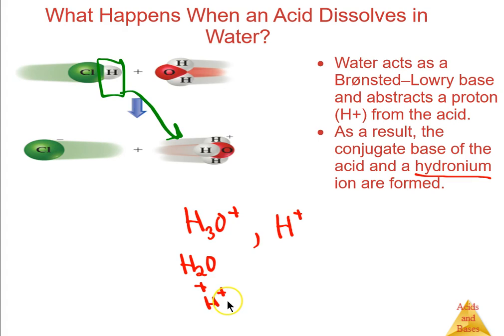And you've probably noticed chemistry teachers are lazy, so we don't always write H3O plus when we can just say, hey, we know we have H plus in water now. But for this slide, you need to know hydronium is H3O plus.